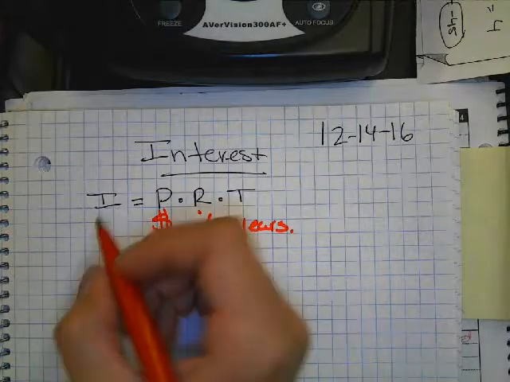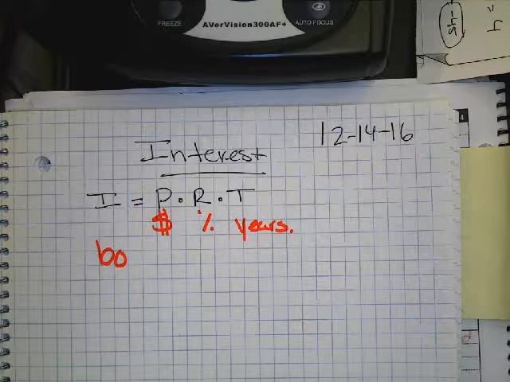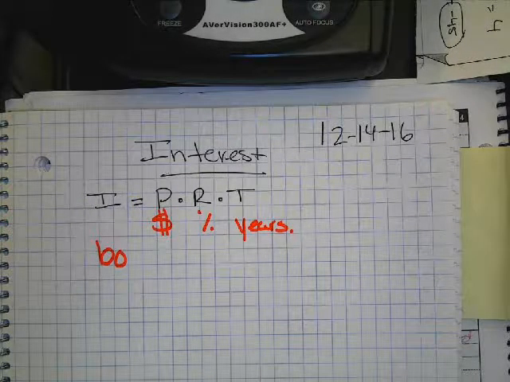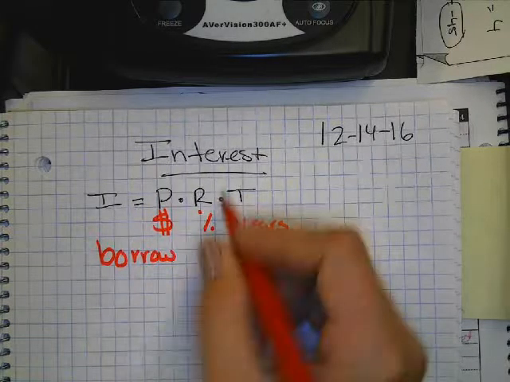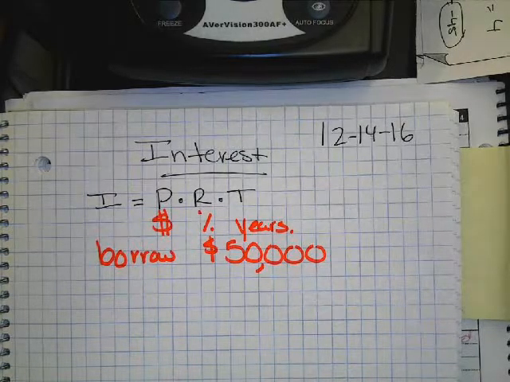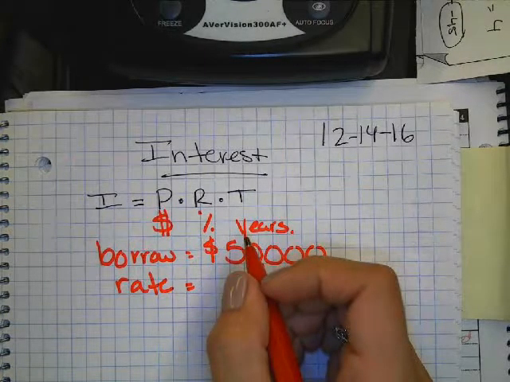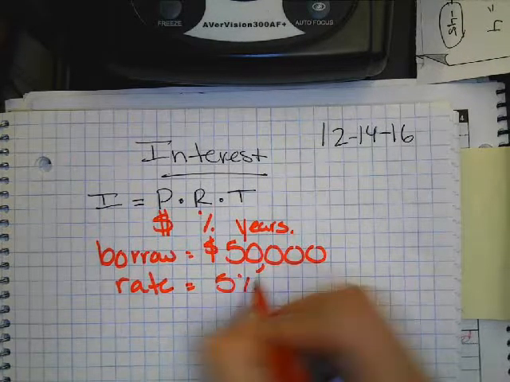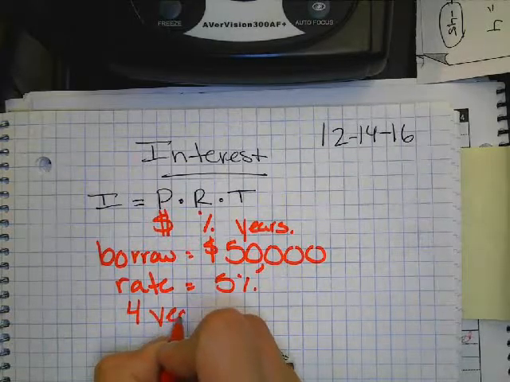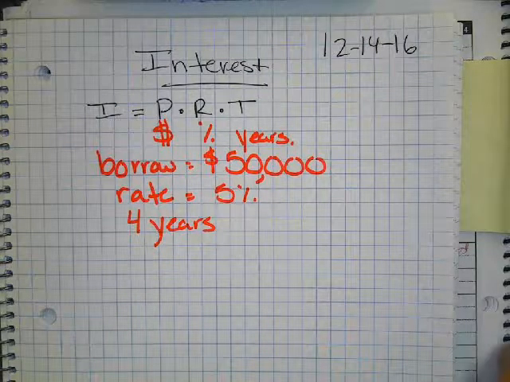So if I borrow, let's say, $50,000 to buy a car, and the rate is, let's say, 5%, and it takes me 4 years to pay it back, and I don't make any payments until the very end.